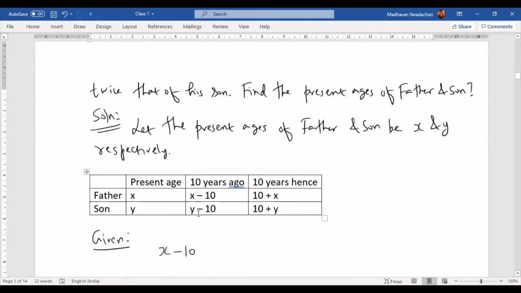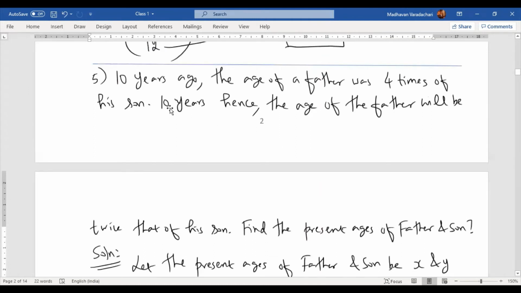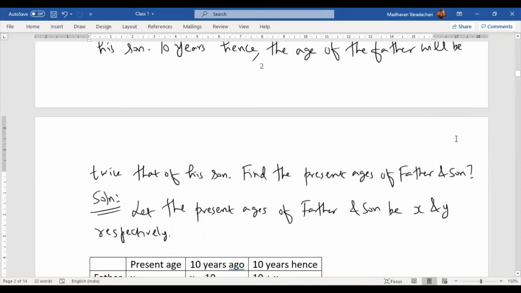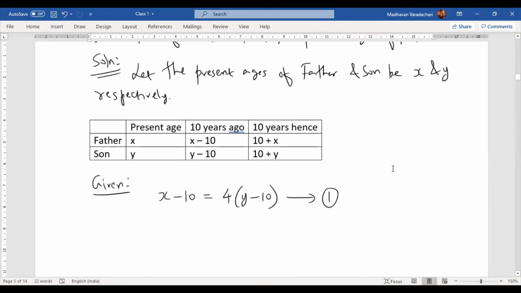So whatever age the son was having at that time, this age is 4 times that. Means it is equal to 4 times y minus 10. That is what is given in the first sentence. Then 10 years hence, the age of the father will be twice that of his son. 10 years hence, father's age was 10 plus x. That was twice that of son's age.